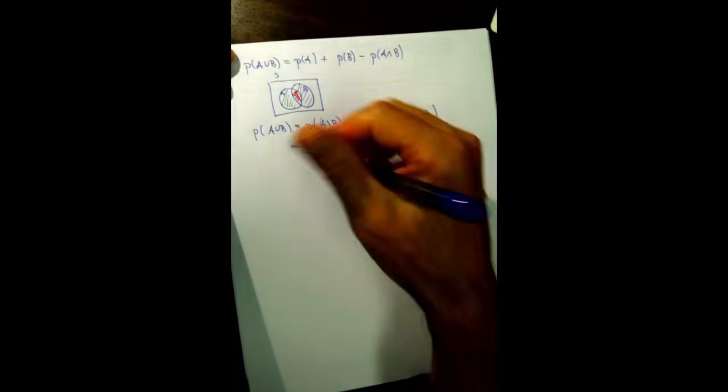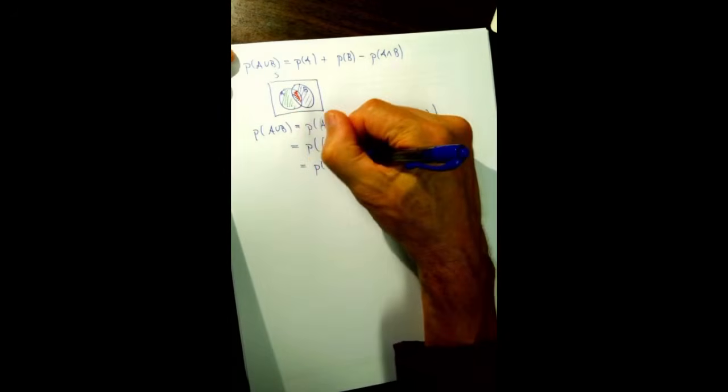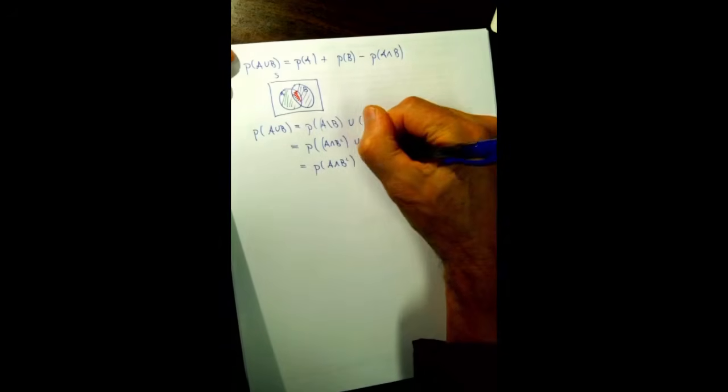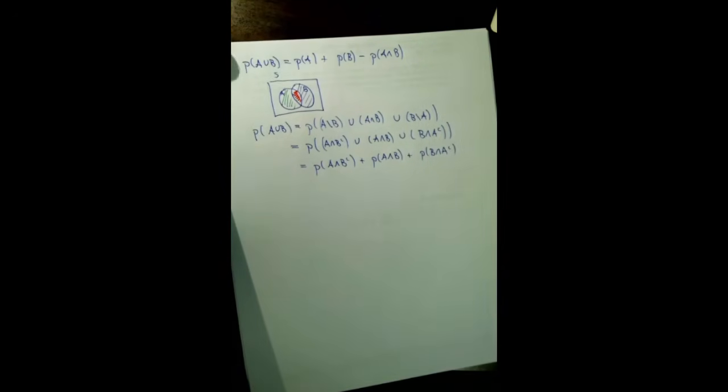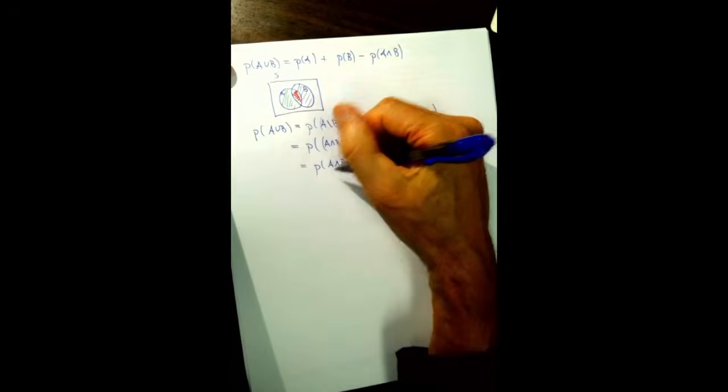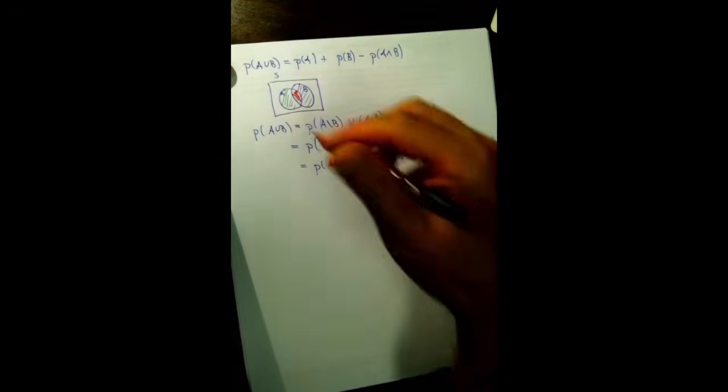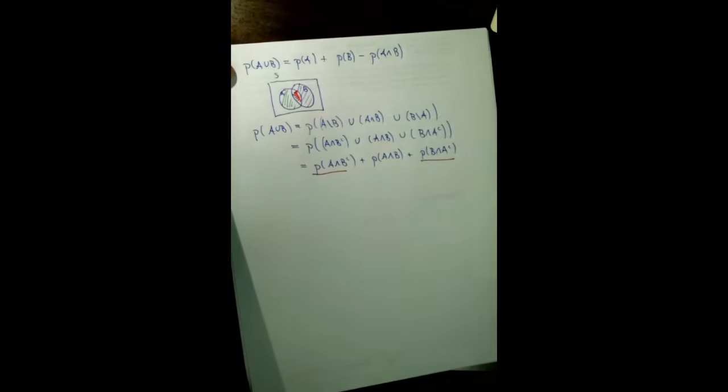And now these are disjoint sets. So I can write this as the probability of A and B complement plus the probability of A and B plus the probability of B and A complement. So now the question is how do I get those things?